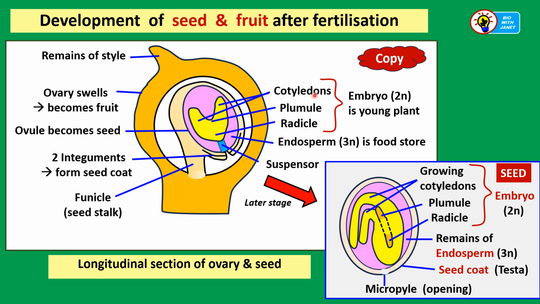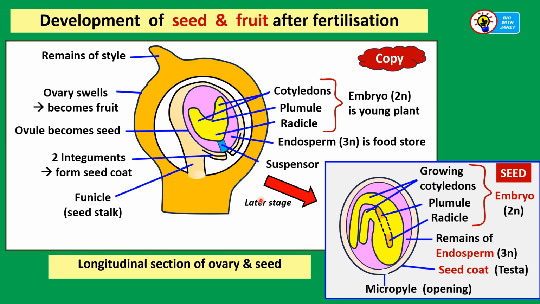Cotyledons is the food store, plumule is a young shoot, radicle is a young root, and then the endosperm, which is triploid in its condition, is also a food store like cotyledons, but cotyledons are diploid, whereas endosperm is a triploid tissue. And then we have the suspensor here, which attaches and anchors the embryo to the embryo sac and to the whole seed or ovule.